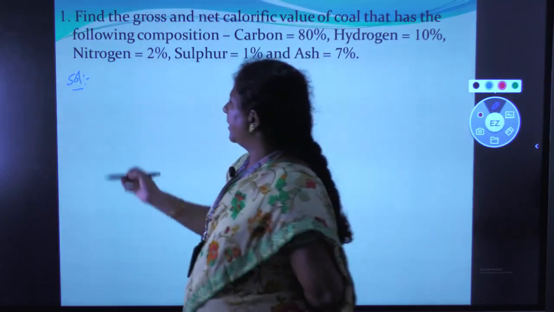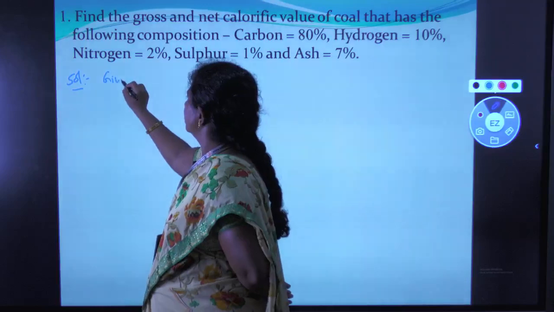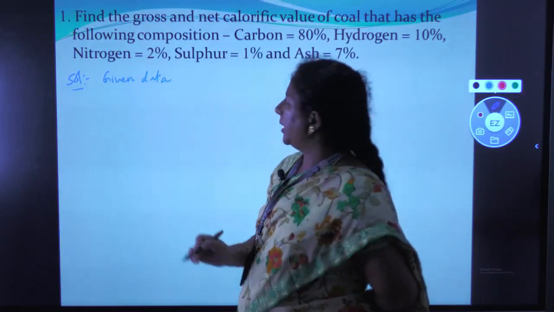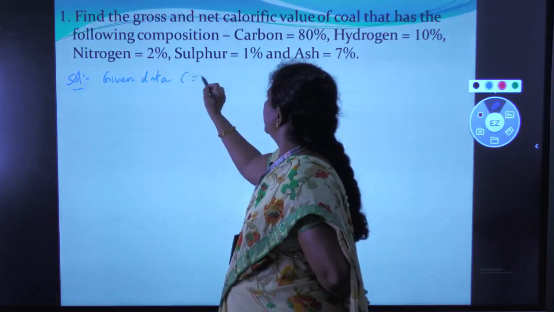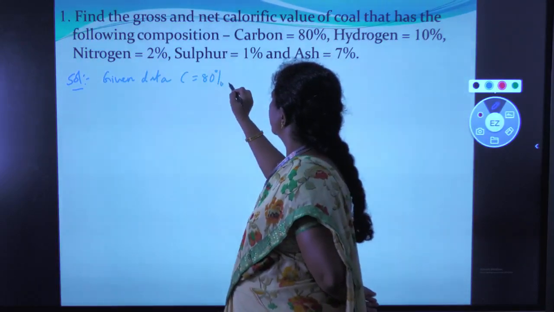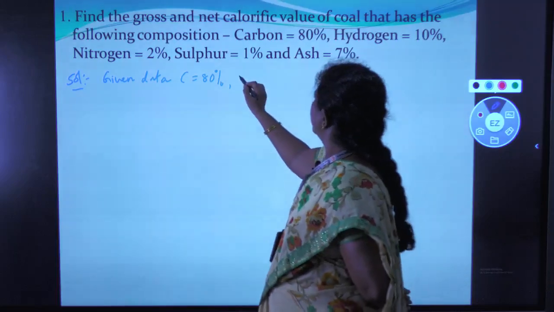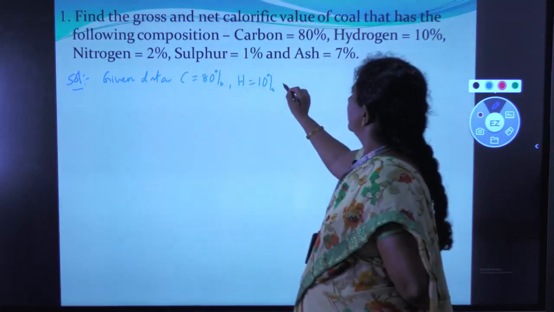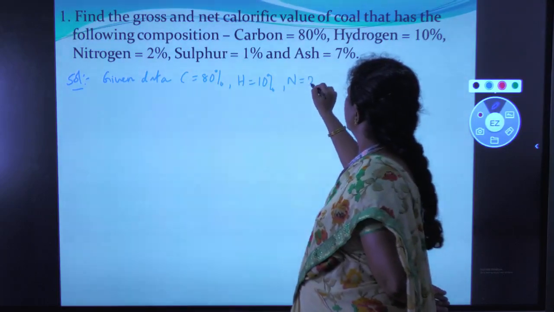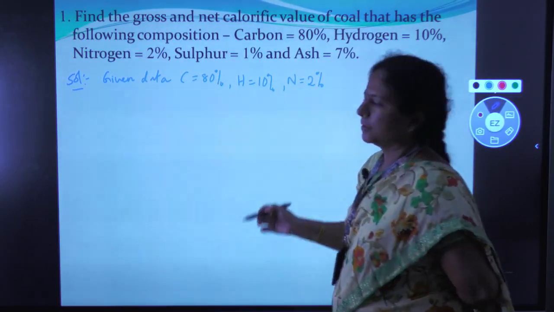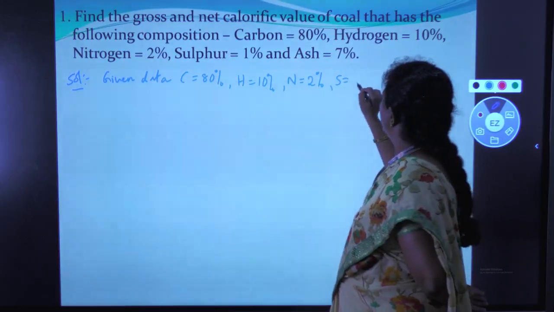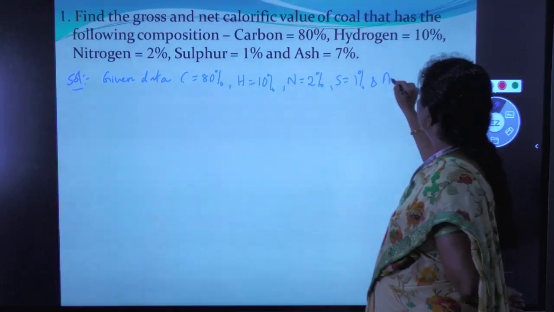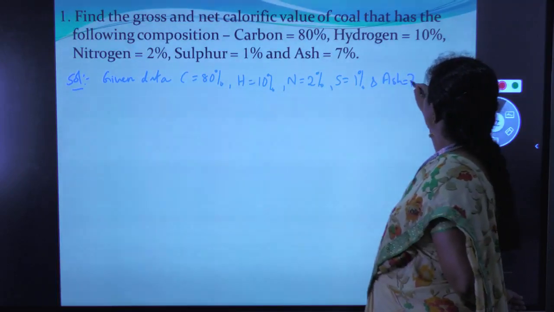So first of all, we will write the given data. The given data is carbon 80%, hydrogen 10%, nitrogen 2%, sulfur 1%, and ash 7%.